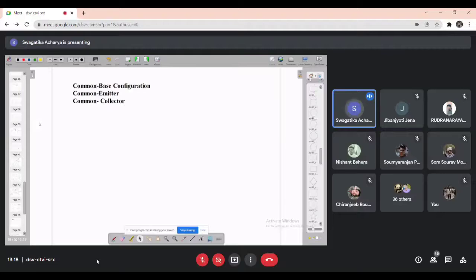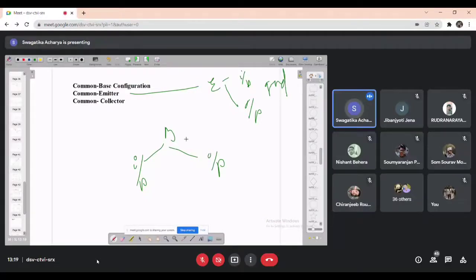See, common base means the base terminal should be common to both input side and output side. Common emitter means the emitter terminal should be common to both input and output, and that should be connected to the ground as well. Same thing with common collector. The collector terminal should be common to both input side and output side, and that should be connected to the ground as well. Clear?